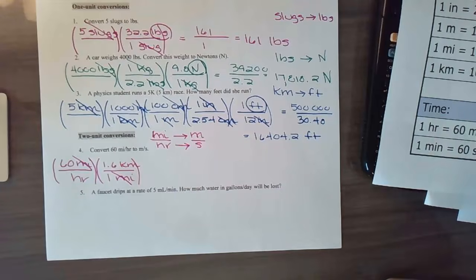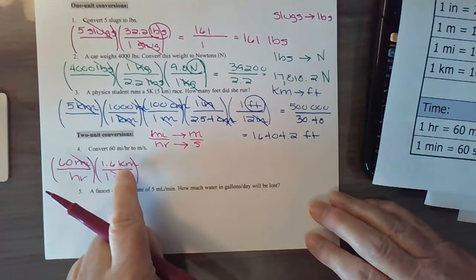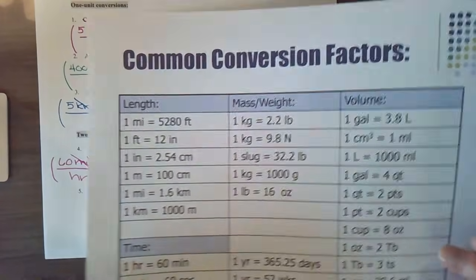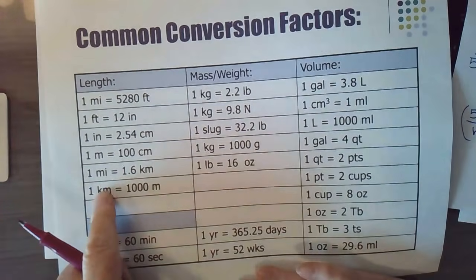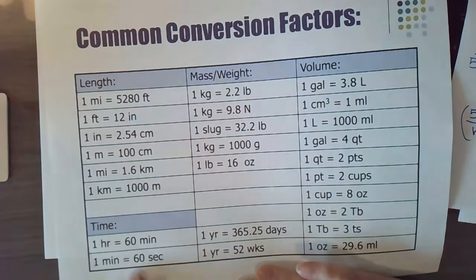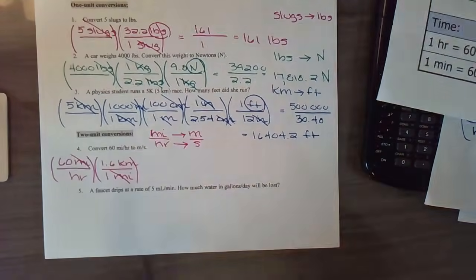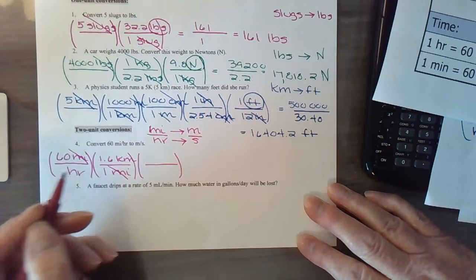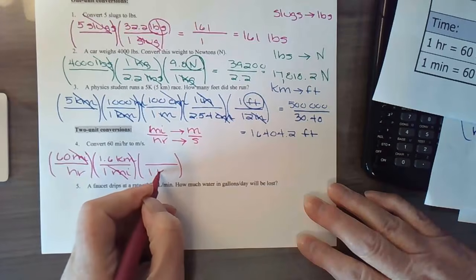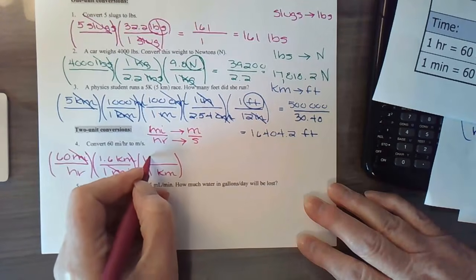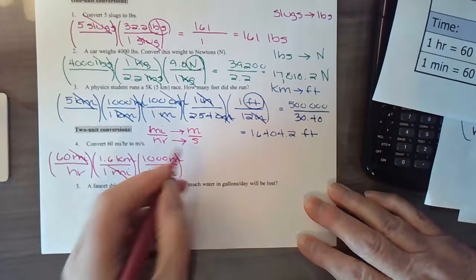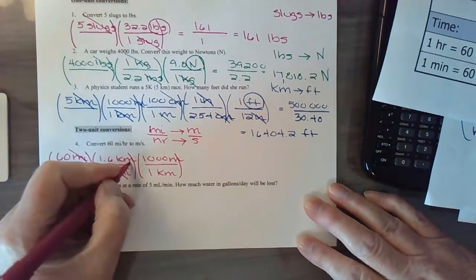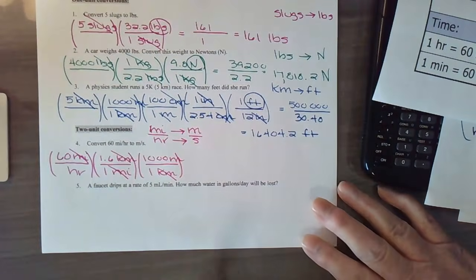And now I have kilometers. Could we get from kilometers to meters? What about this one? 1 kilometer is 1,000 meters. Let's try that one. Again, I knew kilometer had to go on the bottom because this one's on the top and I want to cancel them. And there it is.